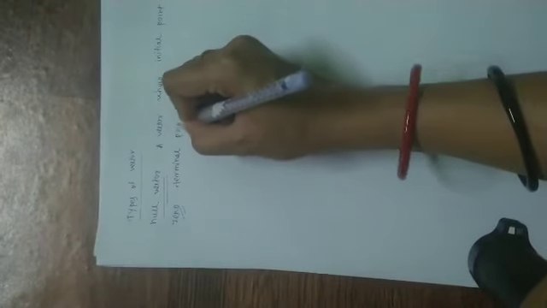A vector whose initial point and terminal point coincide is known as a null vector or zero vector.